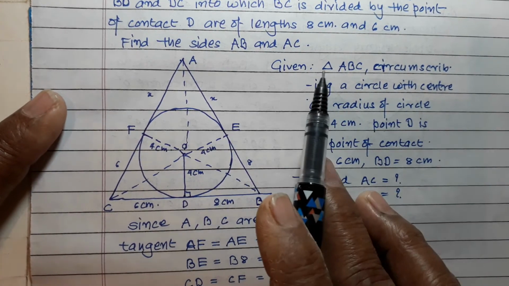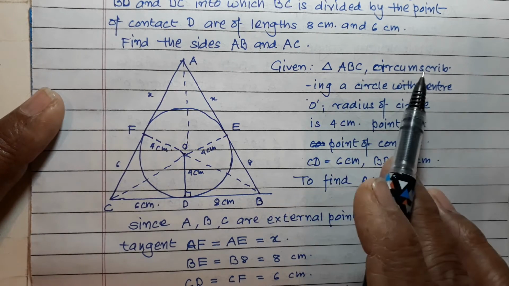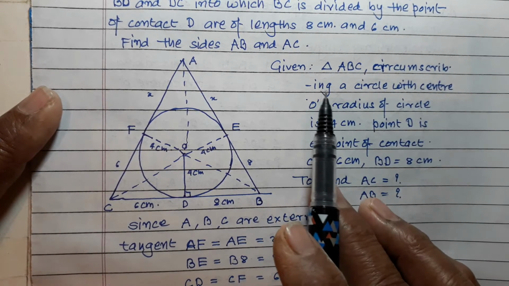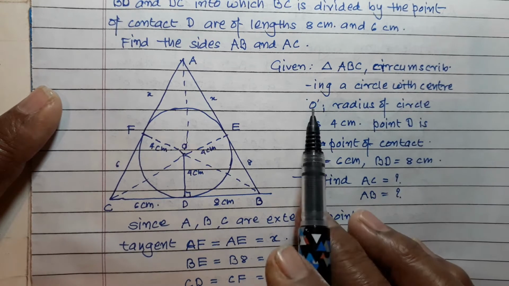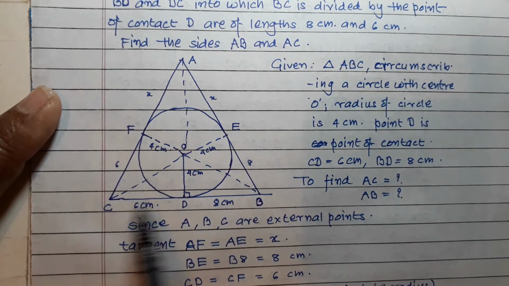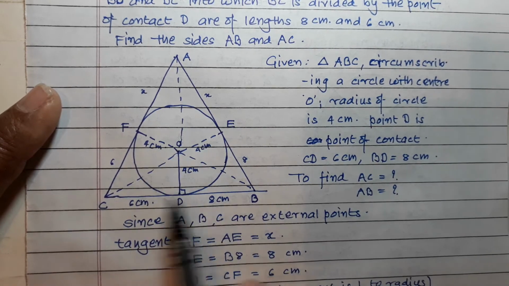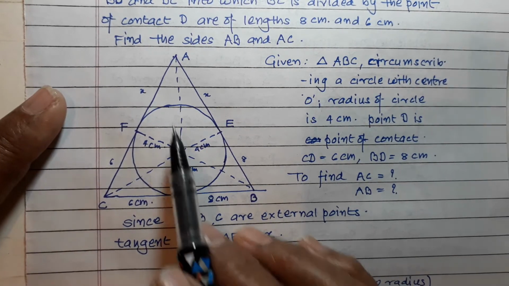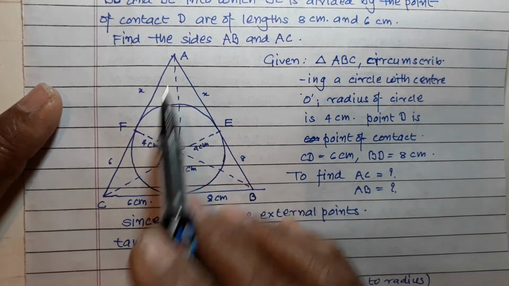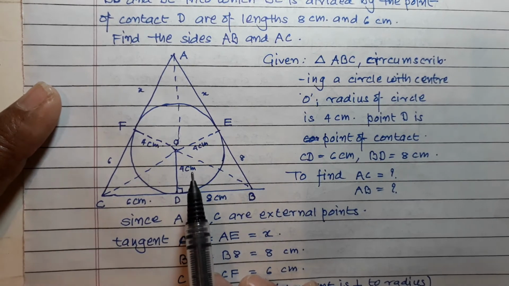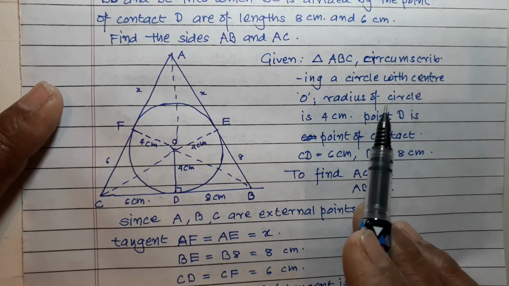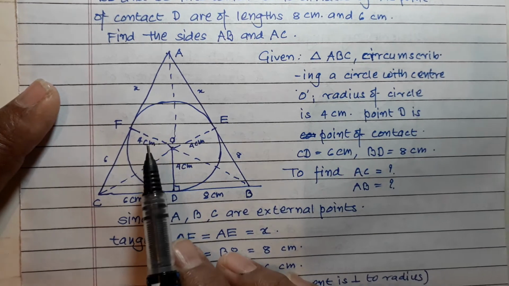The given triangle ABC circumscribes a circle with center O. So this is a triangle ABC, and this is a circle inside the triangle. That means all these sides of the triangle are tangent to the circle. So the radius of the circle is equal to 4 centimeters.